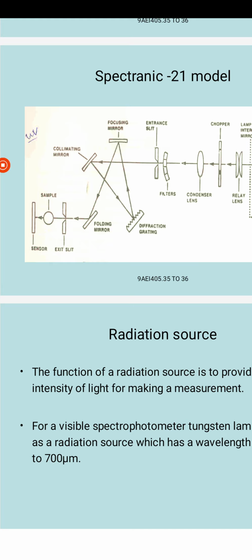So the sample absorbs the radiation, and the remaining energy will be transmitted onto the detector. The detector will convert this non-electrical quantity of electromagnetic radiation into electrical current. So that electrical current gives the percentage of transmittance.